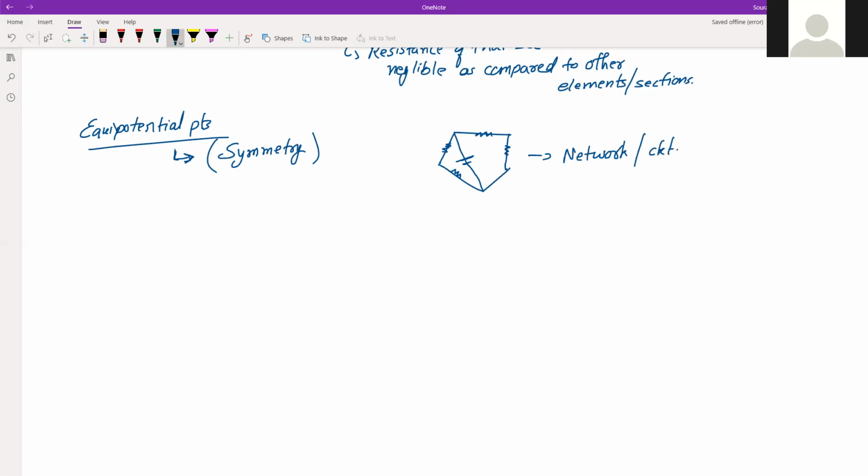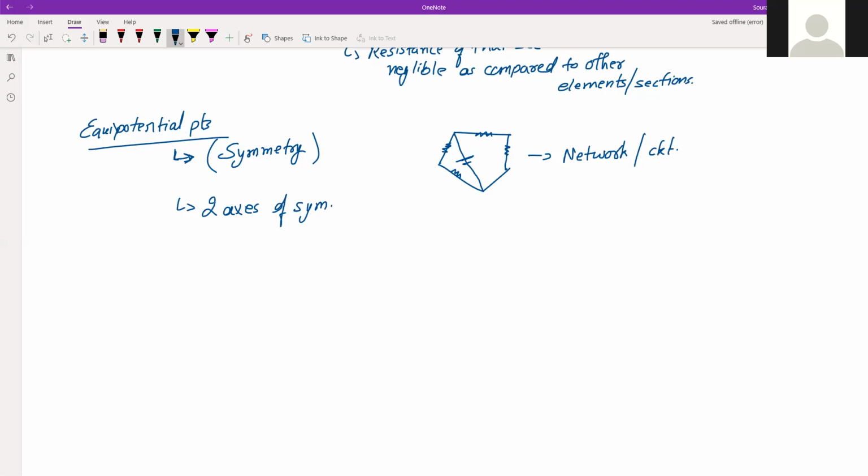So in a given network, there may be two axes of symmetry. So we have to find two axes of symmetry. There may be two, there may be just one.